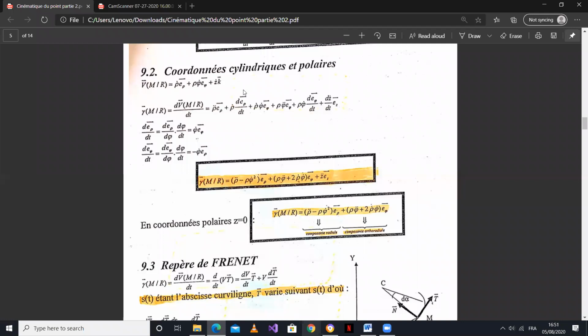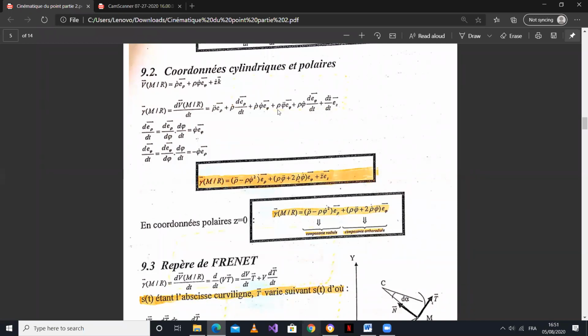Then next up, we are going to keep rho constant and e_phi constant and we'll derive phi point. Okay? And when we derive phi point par rapport au temps, that's going to be phi 2 points. We've derived it twice now because we derived it the first time, it gave us phi point, and when we derive it the second time, it's going to give us phi 2 points. So it's going to be rho phi 2 points e_phi.